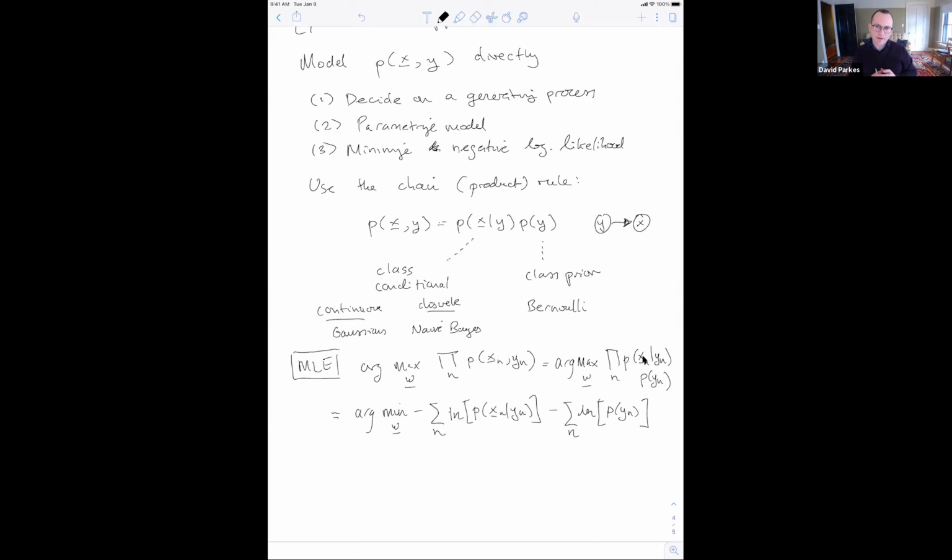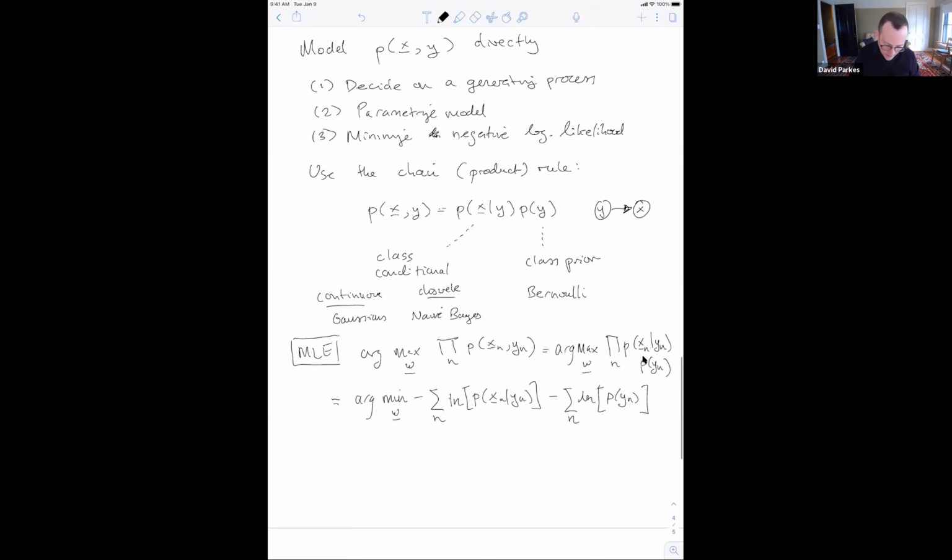And the nice thing about this is that you can now kind of optimize each one of these separately. So this one, you'll solve for some parameters W star of your class conditional. And this one, you'll solve for parameters W star of your class prior.